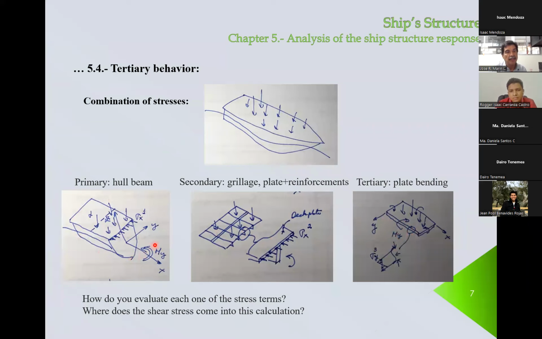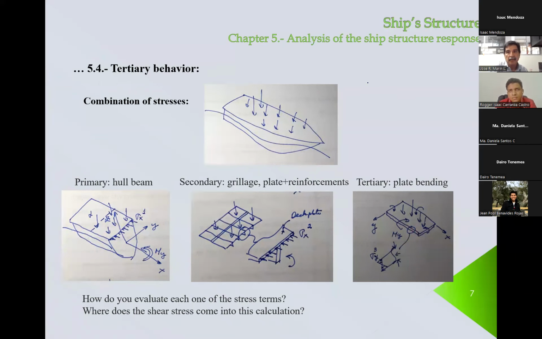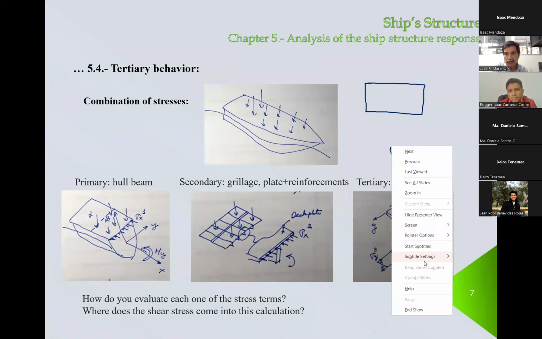In this case, no. In this case, there is some importance. Remember that on the side, there are large values of the shear stress. Let me remind you. For example, let's suppose that we have a barge like this. Let me change color to draw.